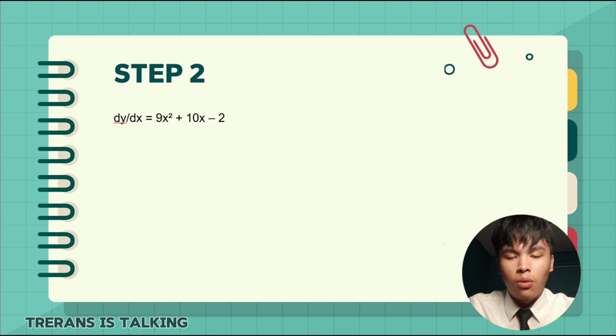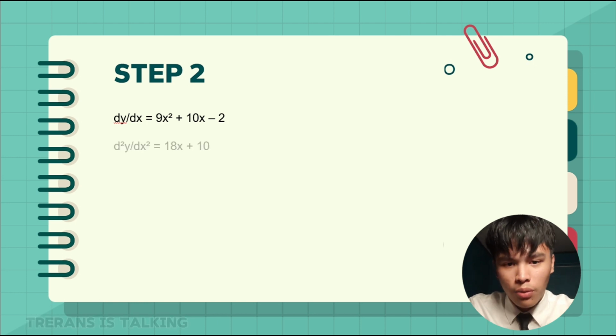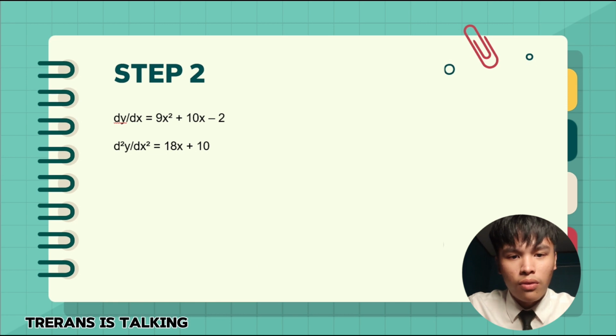equal to 9x squared plus 10x minus 2, and enhance the formula to the d square y over dx square formula. In this formula, I will bring forward the power of 2 to the front to multiply the 9, which gets 18, and the power of 2 will minus 1, so now it's x to the power of 1.